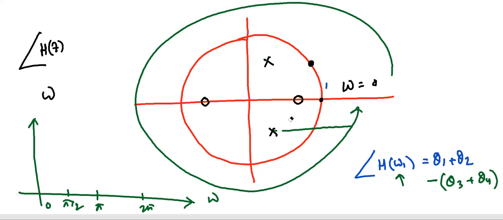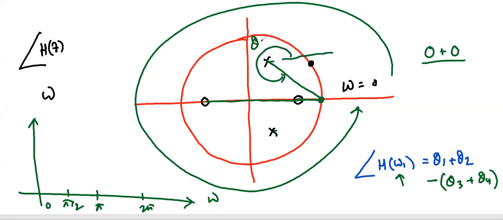Let me draw it for omega equals 0, that point. We are talking about this point. In that case, of course, theta 1 and theta 2 are both 0. So we have 0, and also we have 0. These two are for the zero locations. And for the pole locations, let me draw it like this. This is the x-axis. What is the theta?